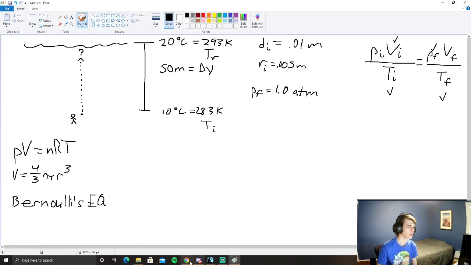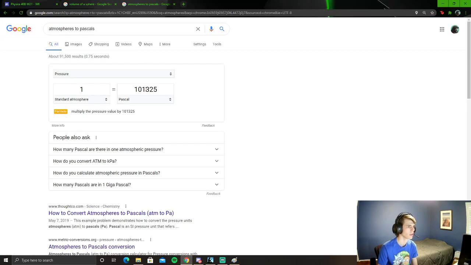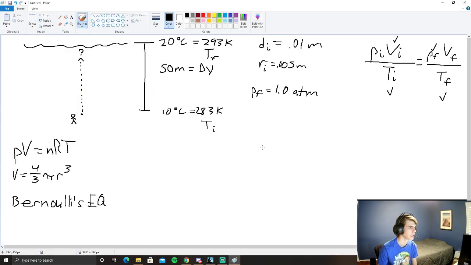Also, one thing that would be helpful is the atmosphere to Pascal conversion. Besides that, it's relatively simple. Now that we have all the necessary inputs, we can solve for our final volume.